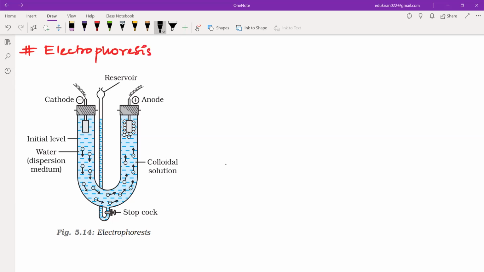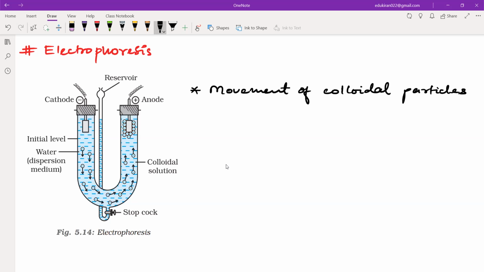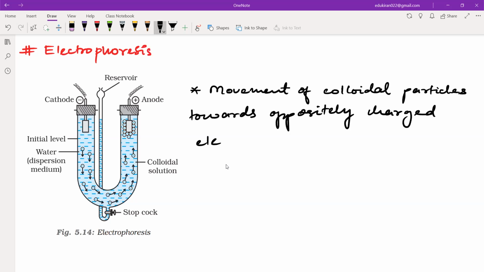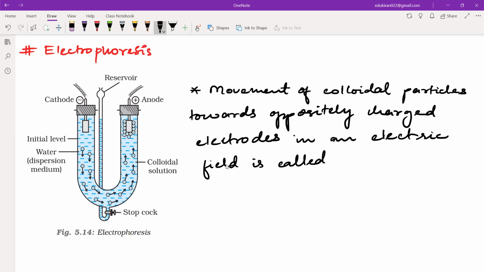It is the movement of colloidal particles towards oppositely charged electrodes in an electric field. It's called electrophoresis.